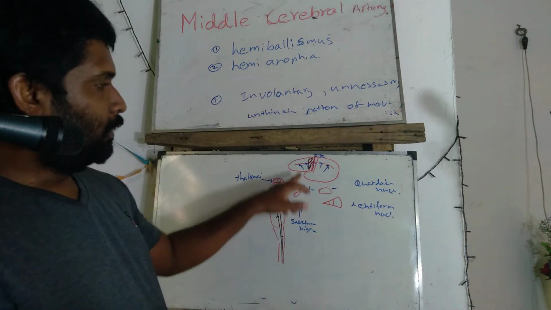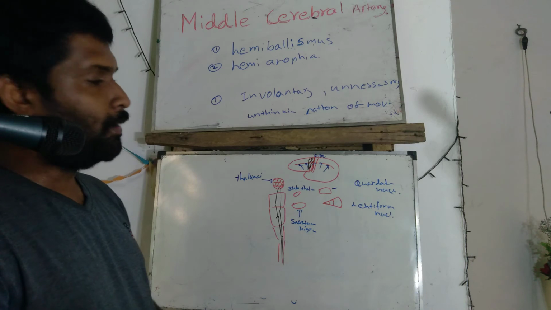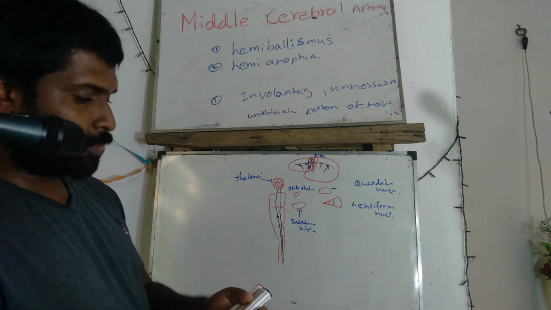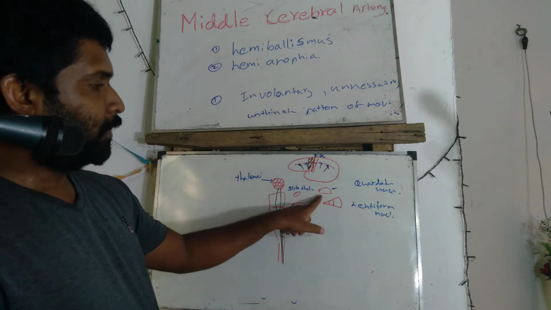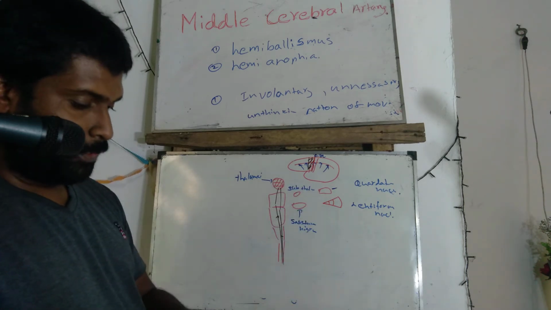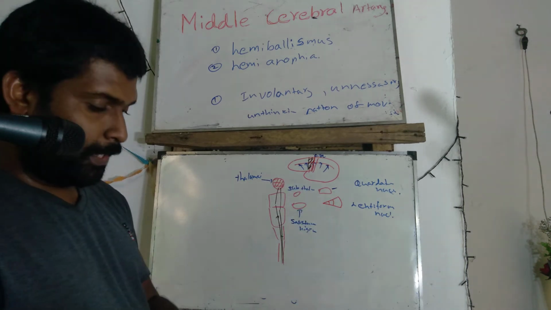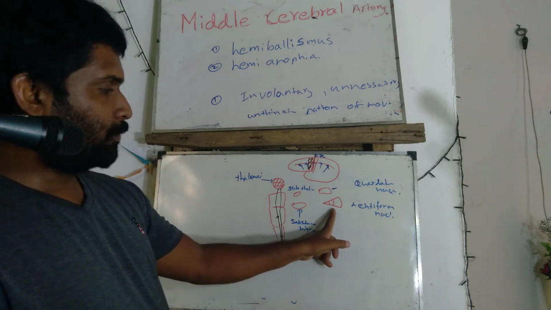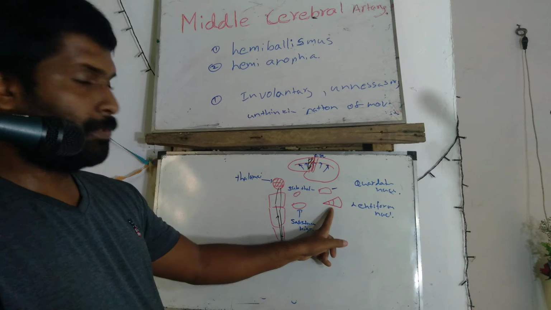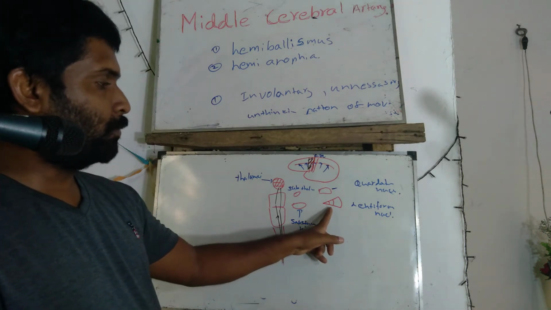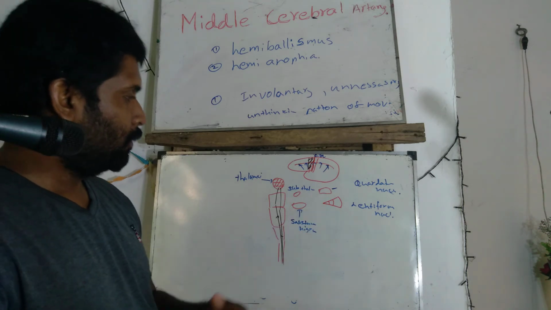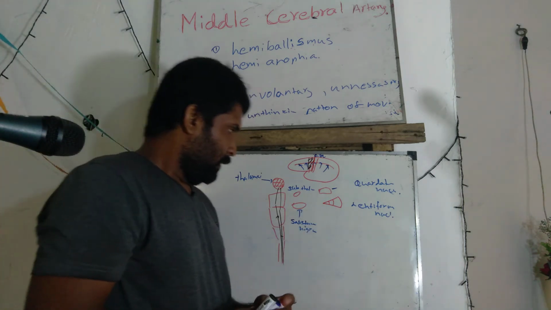Then the motor area gives the feedback supply to the caudate nuclei and lentiform nuclei. The lentiform nuclei divide into three parts: putamen, globus pallidus anterior and globus pallidus posterior, the globus pallidus internal and medial.